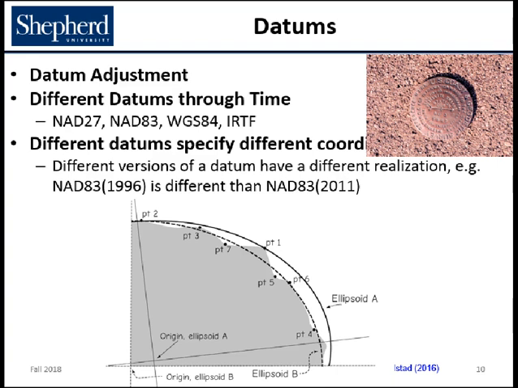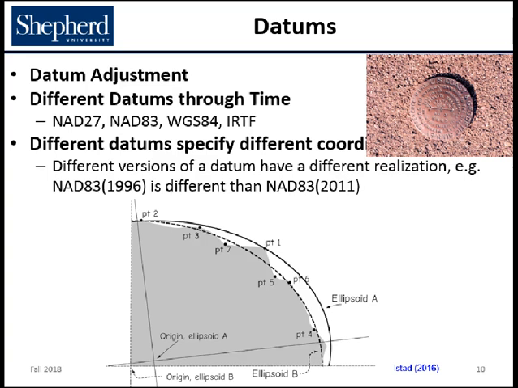Some commonly used datums are the North American Datum of 1927, NAD 27. NAD 27 is a legacy datum. Another datum is the North American Datum of 1983, or NAD 83, and it's a successor to the NAD 27 datum.